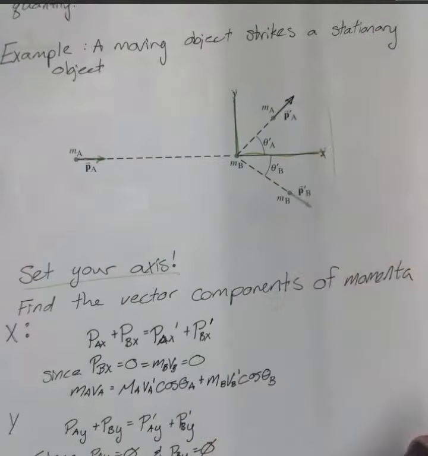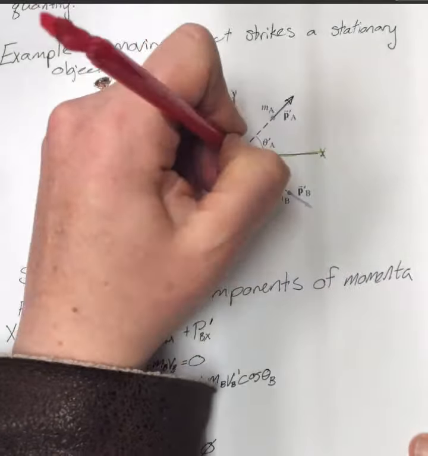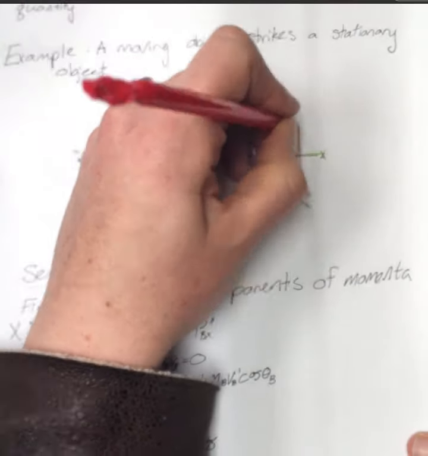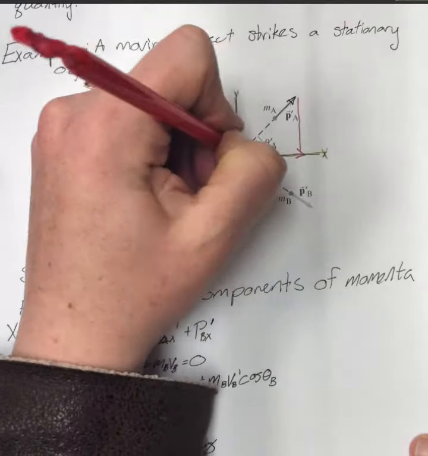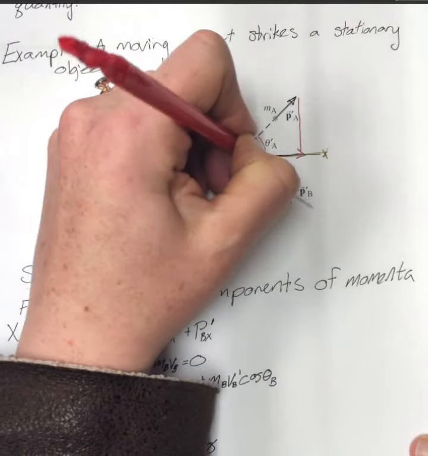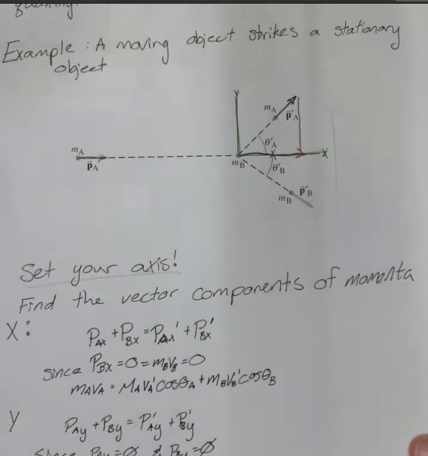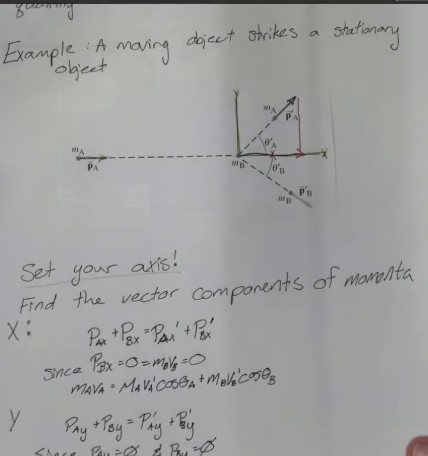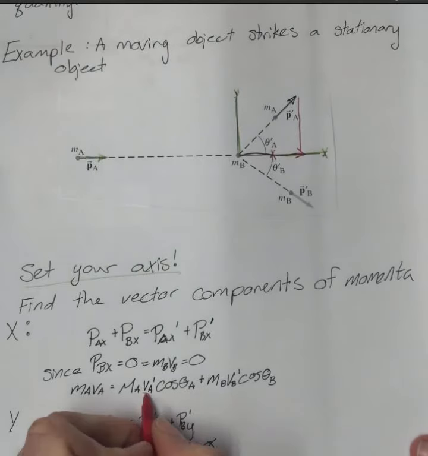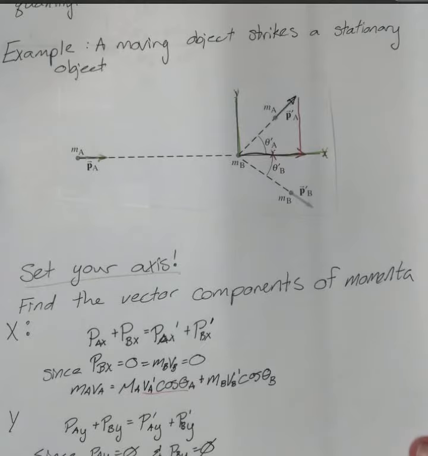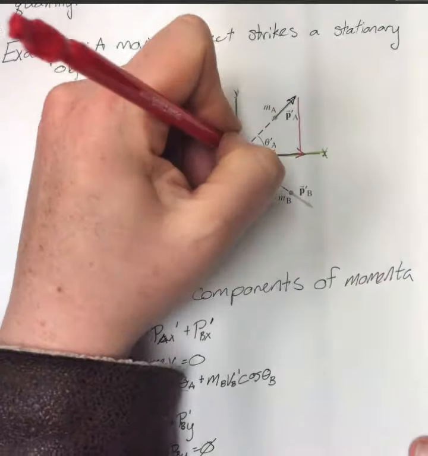We're looking for the x component, which is this component right here, the x component of momentum, and according to our trigonometry, that's going to be cosine of theta A prime.